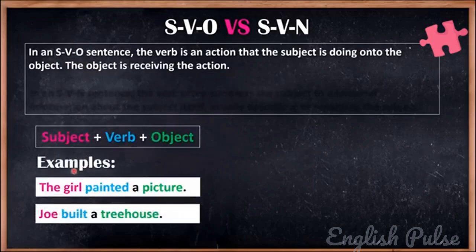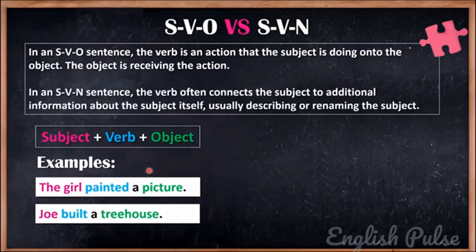For example, the girl painted a picture. Joe built a treehouse. And yes, picture is a noun and treehouse is a noun, but this still follows the subject-verb-object pattern because the object receives the action of the subject.